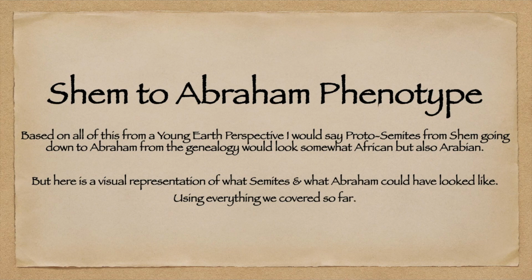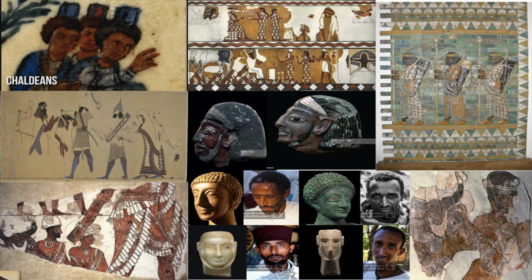But with a visual representation of what Semites and Abraham could have looked like, using everything we covered, here's basically the summary. This is how Abraham and early Semites could have looked. Everything on one nice image. We have the Chaldeans, the people of Mari, Syria, the Black Syrians or Aramians, the Elamites, the Black Bedouins of Syria, and the Sabaeans and Abyssinians, everything on one image.